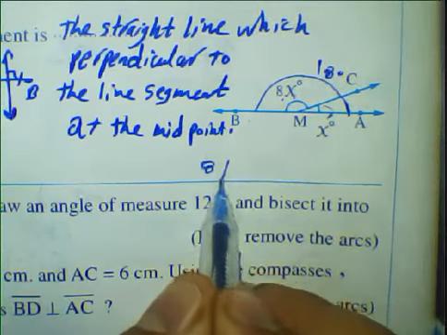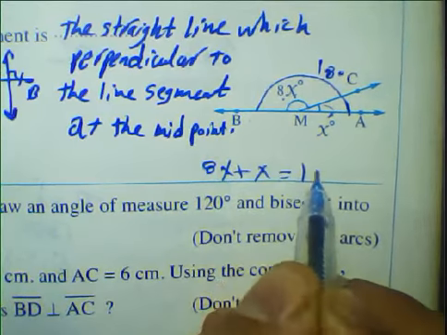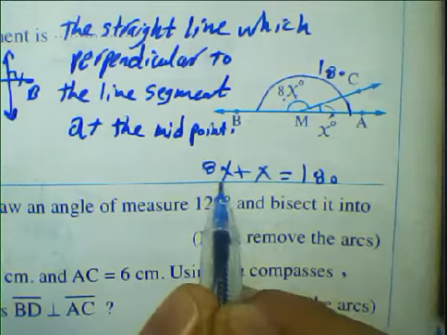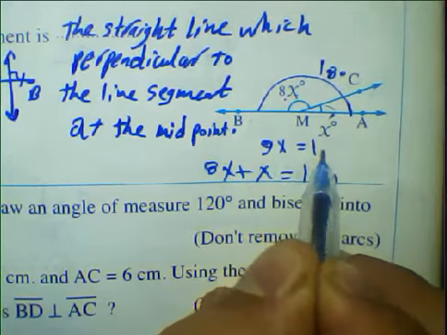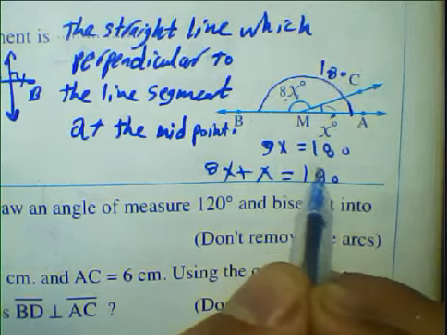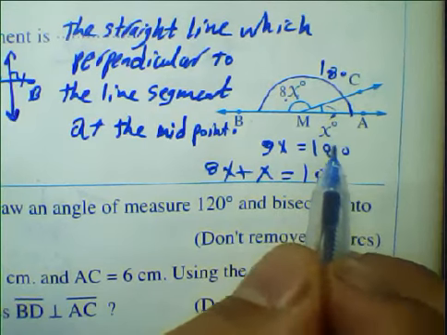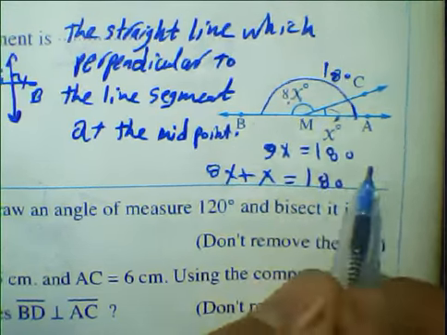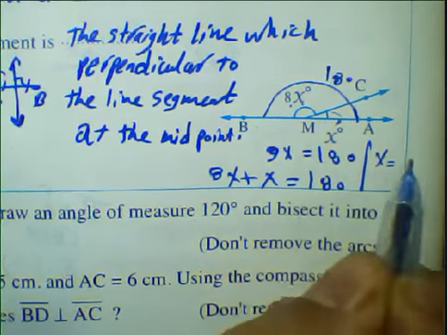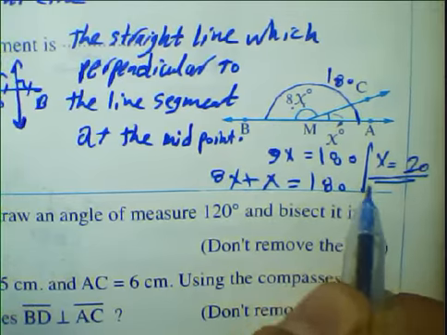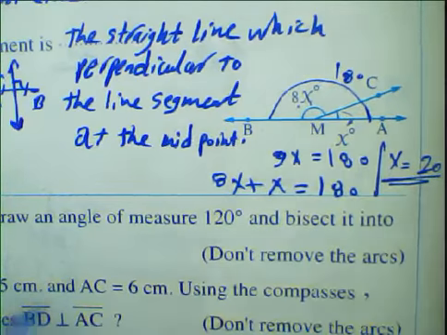So 8x plus x equals 180, 9x equals 180. We divide by 9 to find x. x equals 180 divided by 9, equal to 20 degrees. This angle will be 20 degrees.